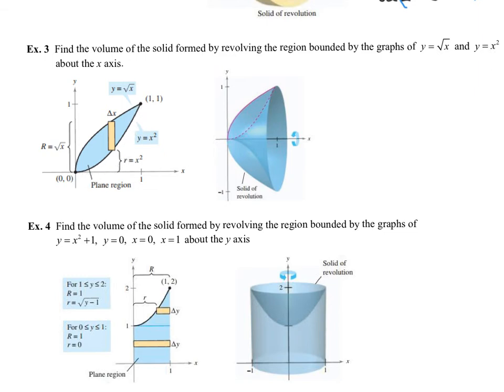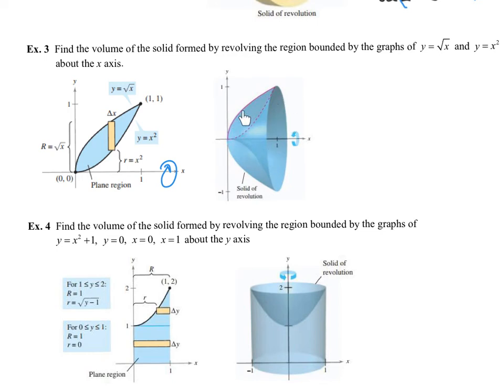Now, if we were to take that region bounded by y equals square root of x and y equals x squared from 0 to 1, because those are their points of intersection, and rotate it about a horizontal axis, we would get this shape.